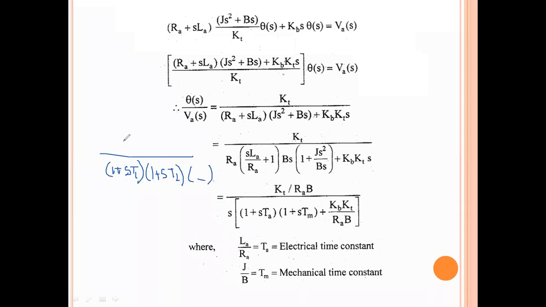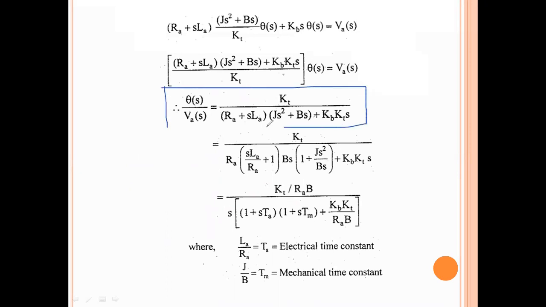The denominator as well as the numerator of the transfer function will be represented in this formula in order to obtain the time constants. Here T1, T2, T3 and so on represent the time constants. So we should represent any transfer function like this. That's why this final expression is further simplified to represent in 1 plus S formula.